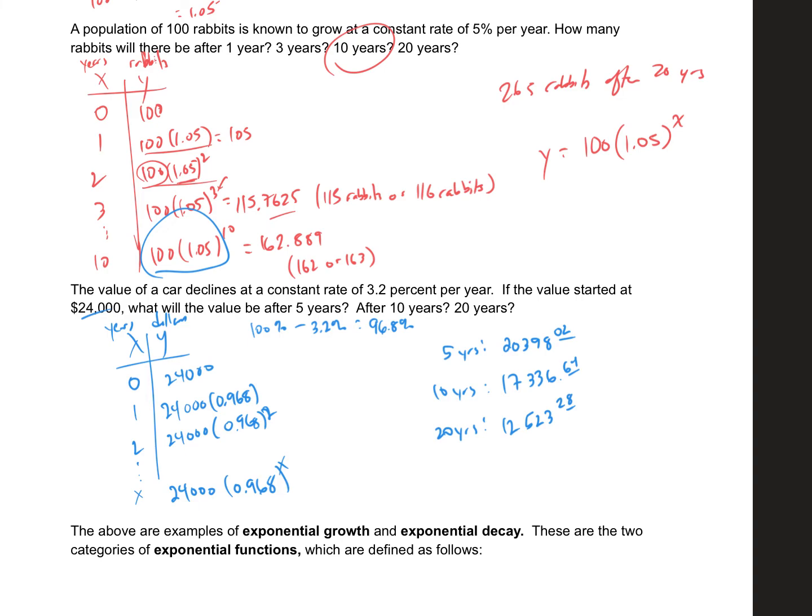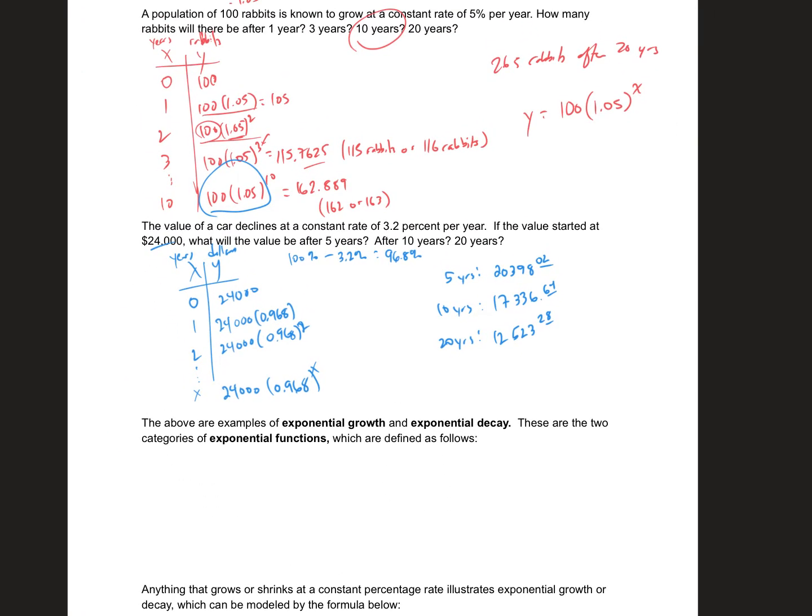Now, these two problems are types of exponential functions called exponential growth and exponential decay. So when we think about the coin problem, remember we started with 8 coins, and then we went to 4, and then 2, and then 1, and then 1/2, and then it would be 1/4. And so you see how it starts dropping off steeply and then leveling off as we go along? That's an example of exponential decay.